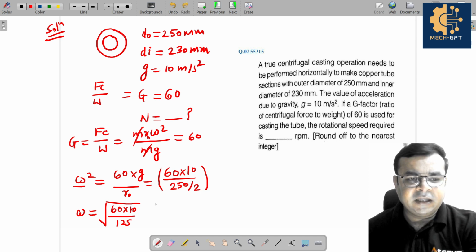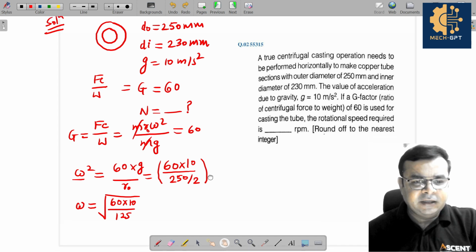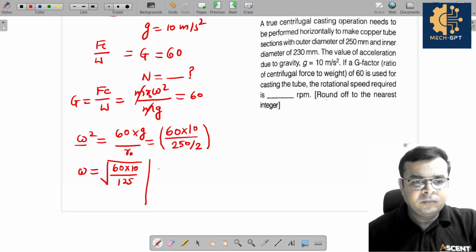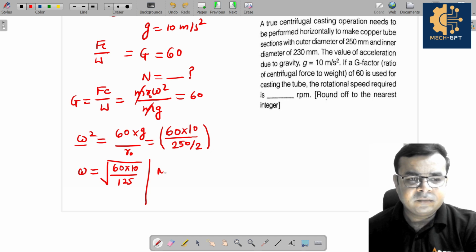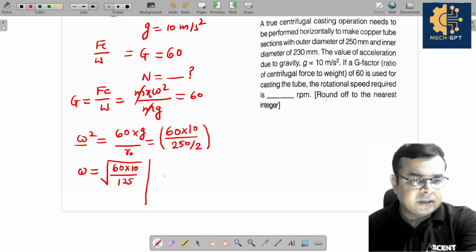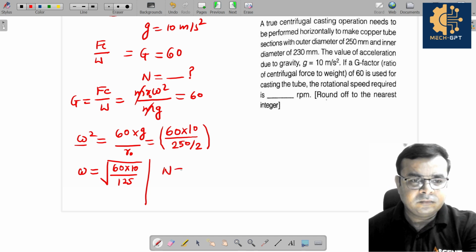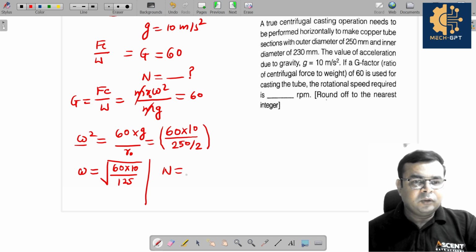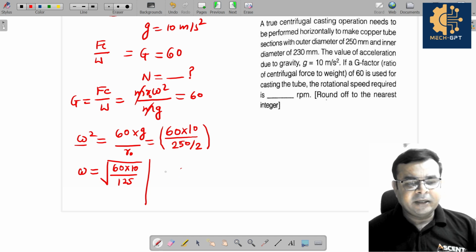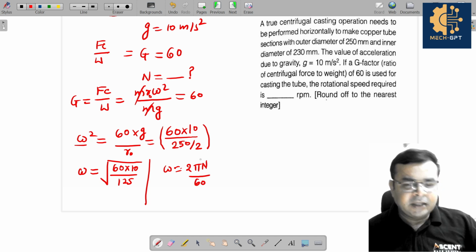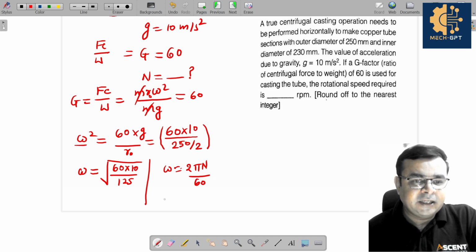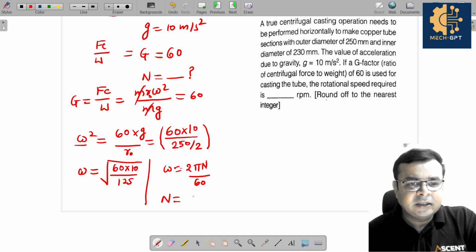After getting omega, we actually need N. As you know, angular speed omega is equal to 2 pi N, and if you divide by 60, then we get N in RPM. So N can be written as 60 times omega over 2 pi.